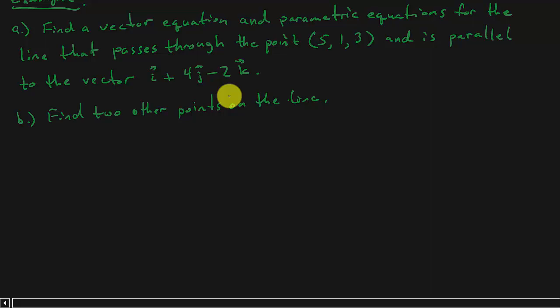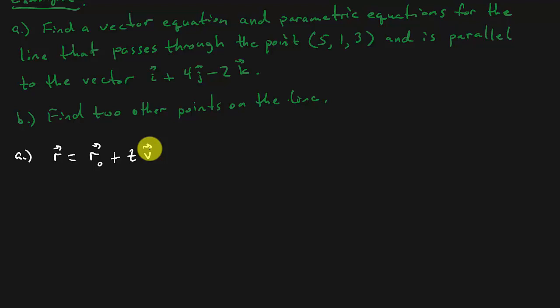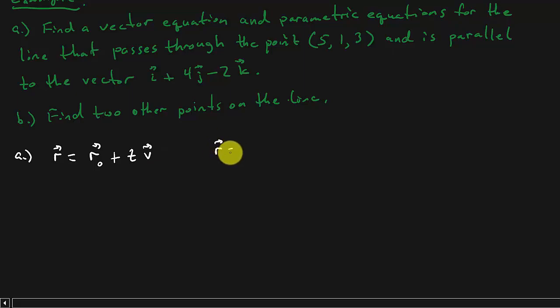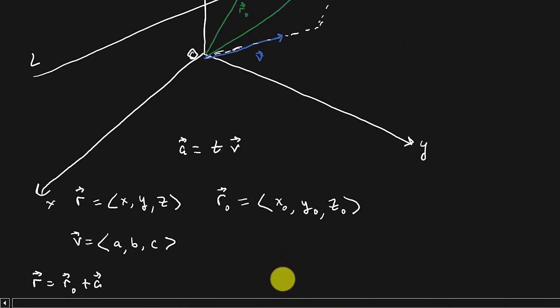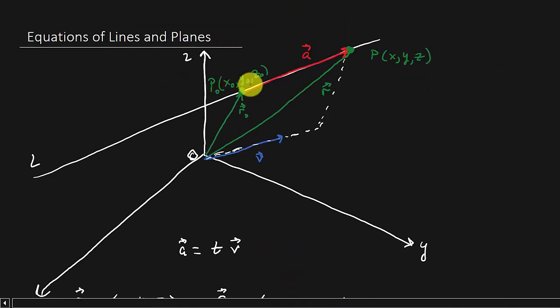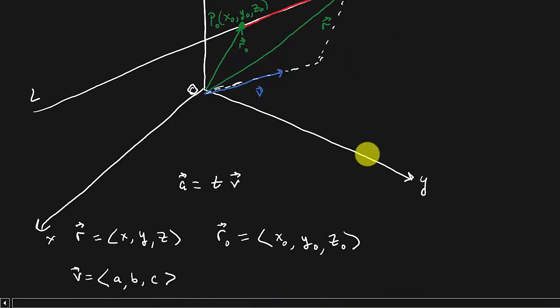So we want the vector equation first. So part A, we've got r is equal to r sub 0 plus t times vector v. All right, so I need vector r0. So what is vector r0? Well, remember back up here, the point through the line, this x0, y0, z0, that's this.